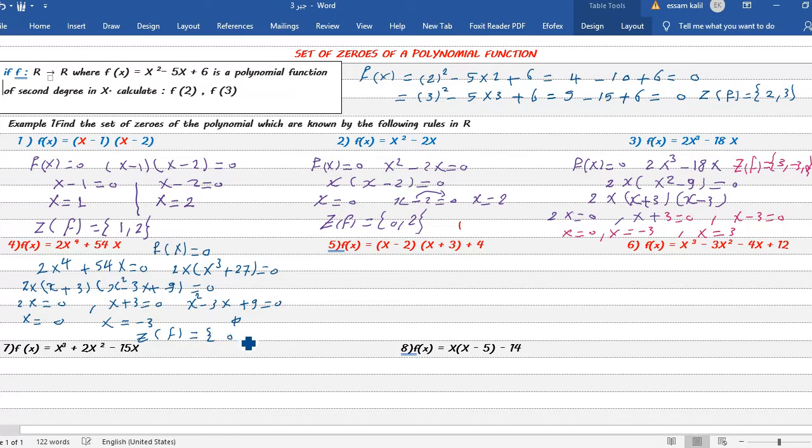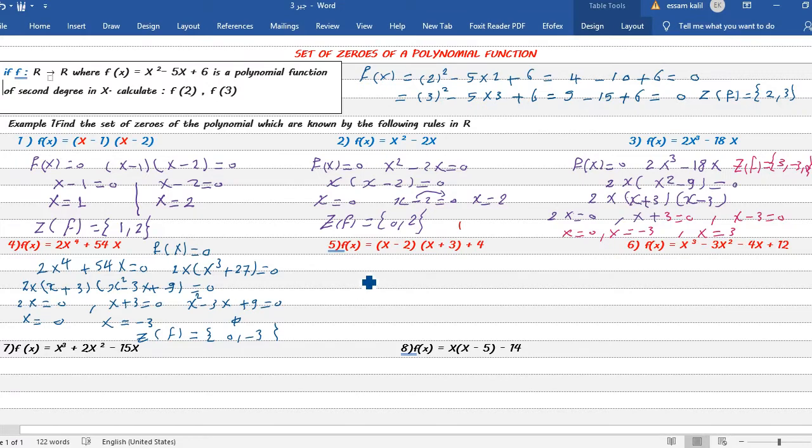Equal 0 and negative 3. If substitute the value of x equal 0 and negative 3 يبقى then f of x equal what? 0. Number 5, f of x equal x minus 2 times x plus 3 plus 4.